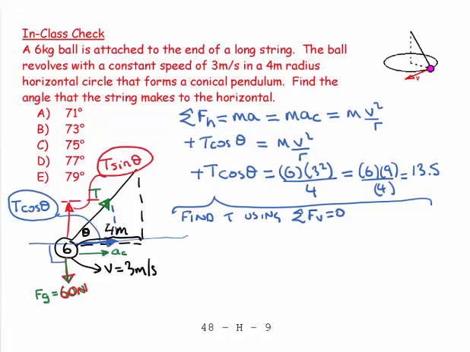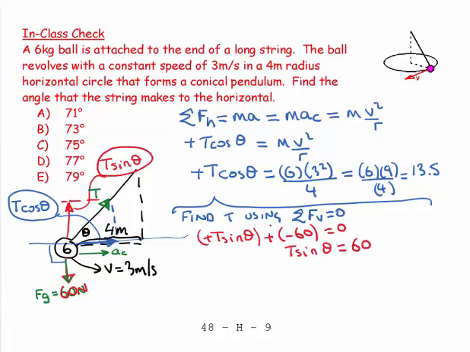Again, I hope that's not going to be the limiting factor for you. And I say, well, plus T sine theta added to minus 60 is equal to 0. So T sine theta is equal to 60.